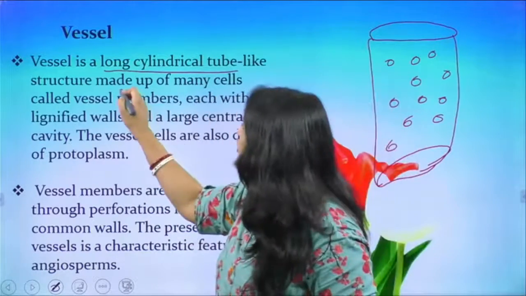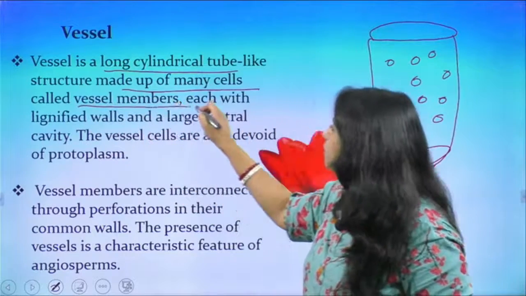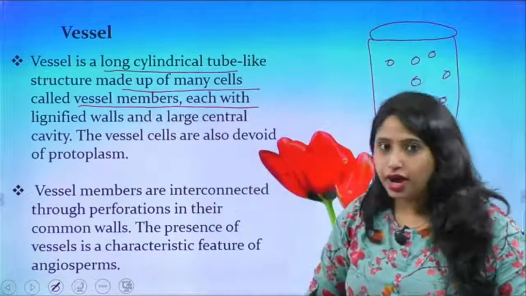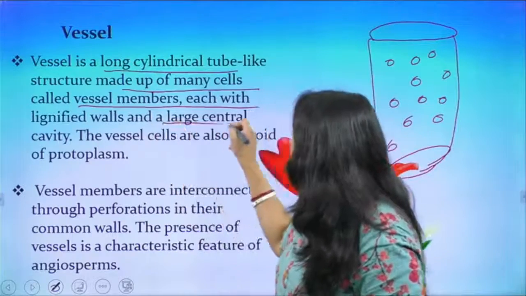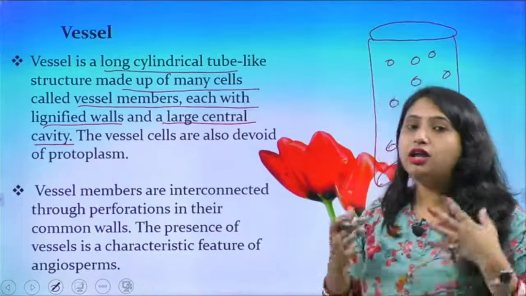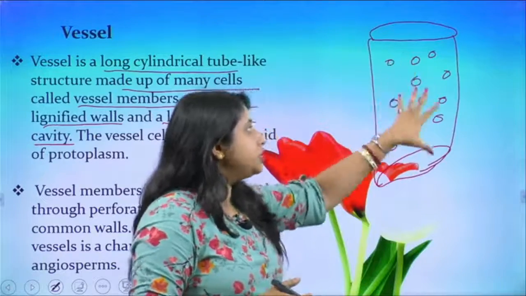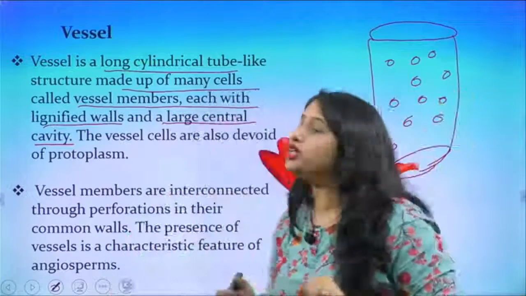They are cylindrical tube-like structures made up of many cells called vessel members, each with lignified walls and a large central cavity. You can see this area which is very large, and it's the central cavity.